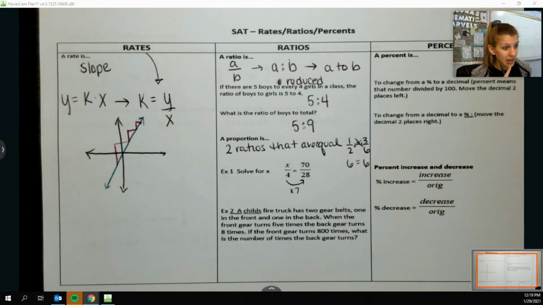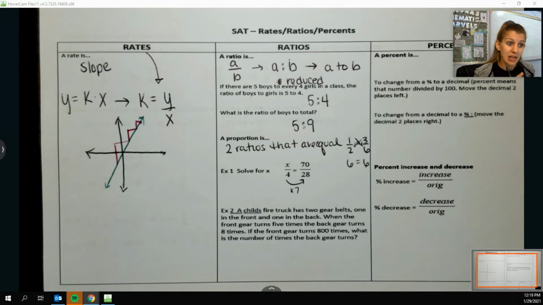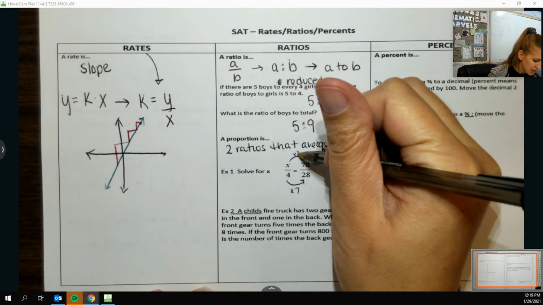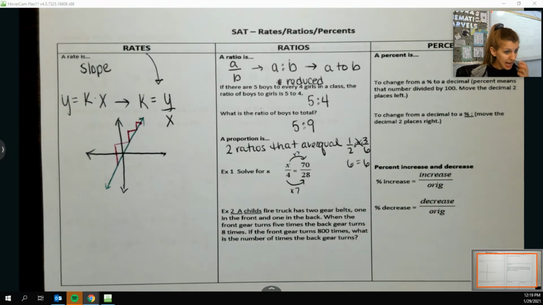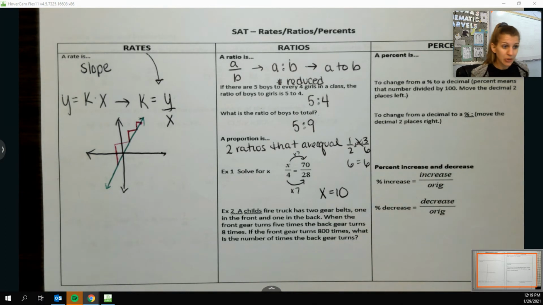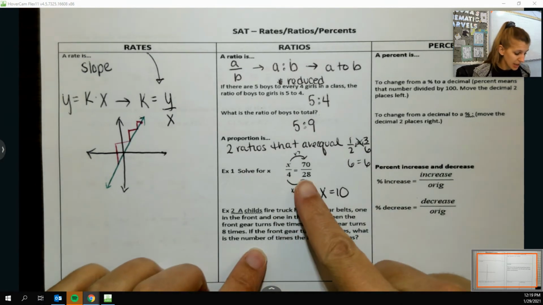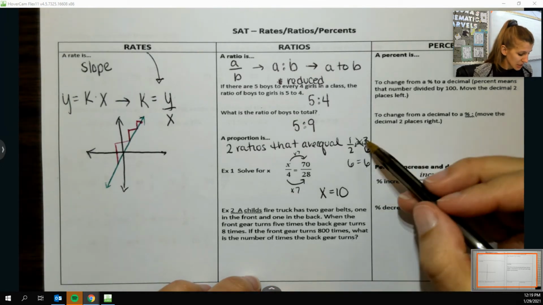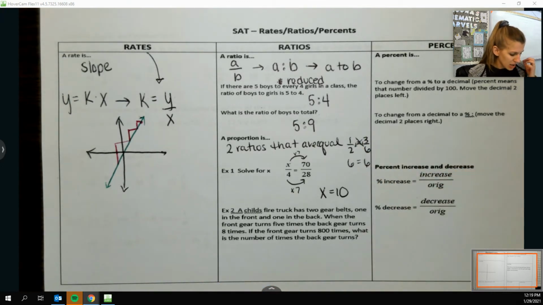Or backwards, 28 divided by 7 is 4. And so the same thing is true here. I can think, what times 7 is 70, and that would be 10. So you can sometimes do proportions really quickly and easily if you can see a common multiple or a common divider, depending on which way you're going. But if it's not super obvious and easy, you can always do this cross multiplication.